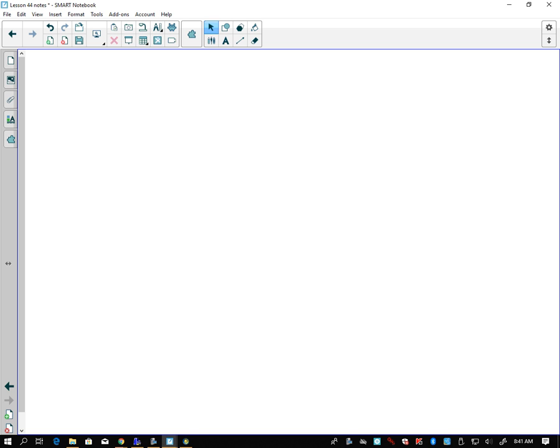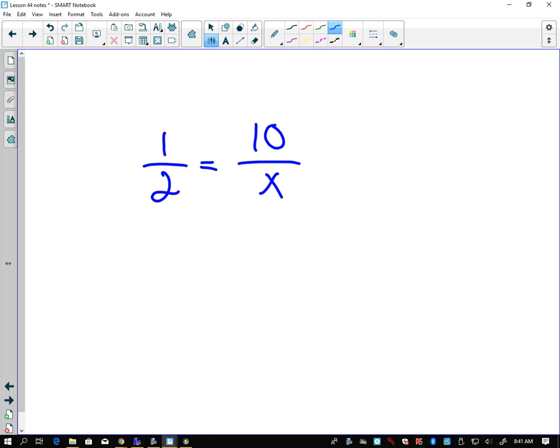So if it's 1 to 2, if I'm doing 1 over 2 equals 10 over x, what's x? X equals 20. 2 times 10 divided by 1 is 20. So you're getting 20 inches there. Does that make sense?